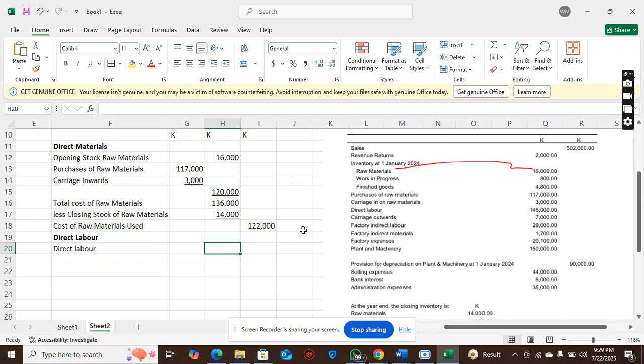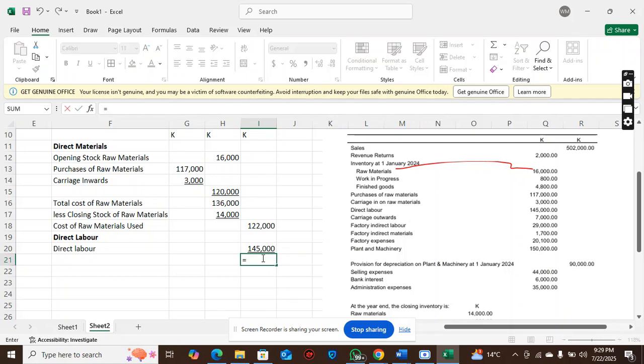All right, so direct labor 145,000. So we add these two. Are there any other direct expenses? No. Okay. So we add these two to get our prime cost. Remember, the prime cost is the direct labor plus direct materials.